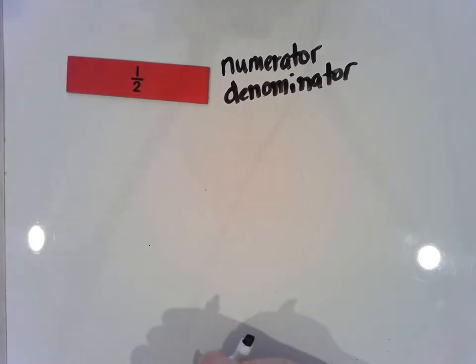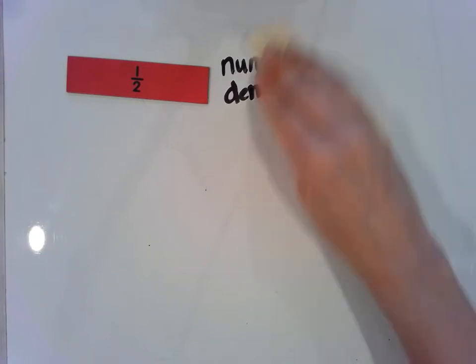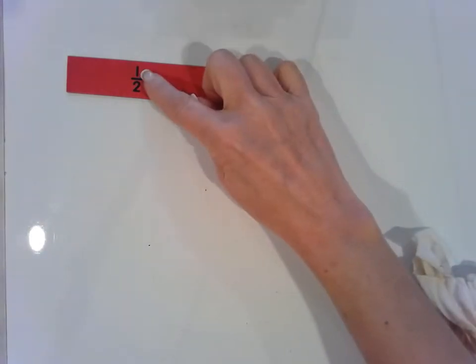Another thing I want to talk about, let's think about cookies. Everybody likes cookies. If it's just myself and a friend and we're going to split a cookie, I would get 1 out of the 2 pieces and my friend would get 1 out of the 2 pieces. We would get a pretty decent sized piece of cookie.